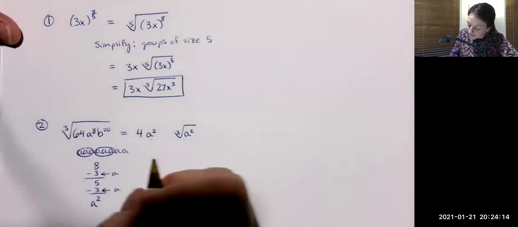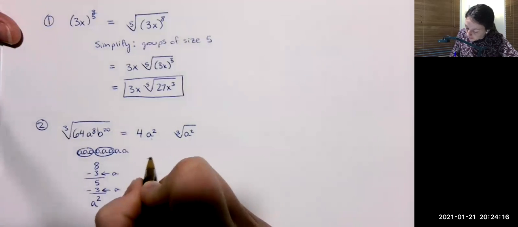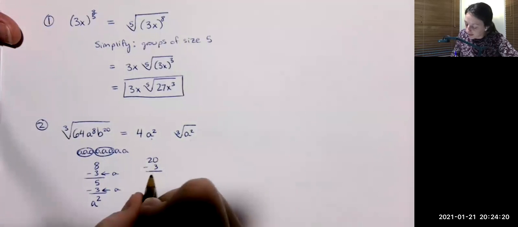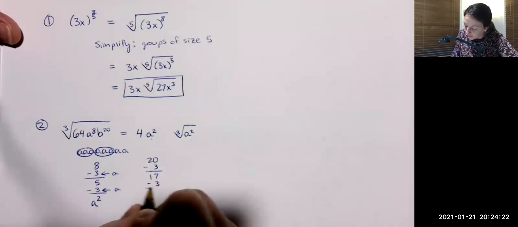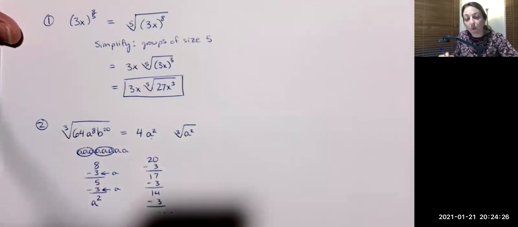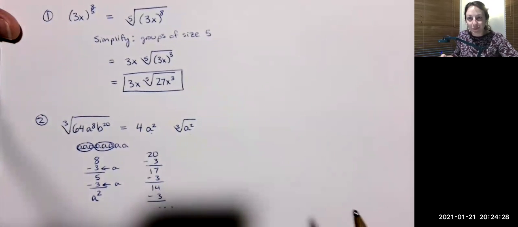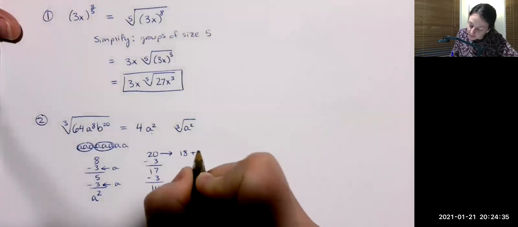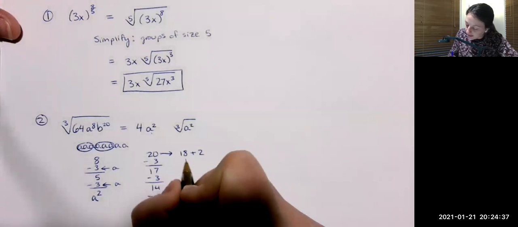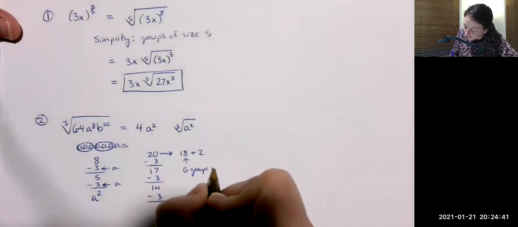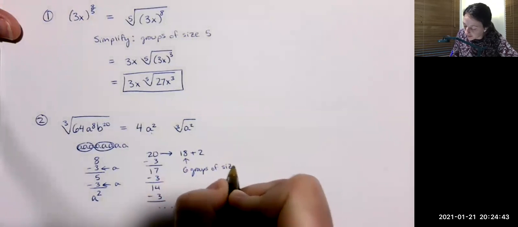All right, b to the 20th. So 20 subtract 3, and you can do this over and over again. 17 subtract 3, 14 subtract 3, and so on. Or if you know your multiples of 3, you know that 20 is made up of 18 plus 2, and 18 is 6 groups of size 3.